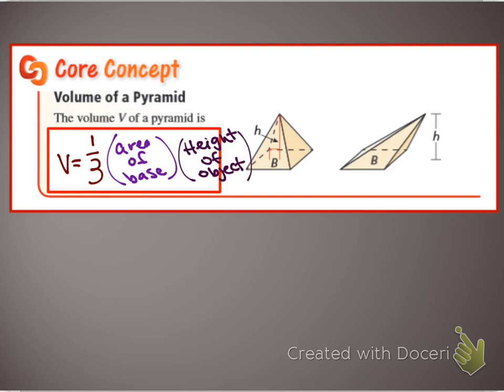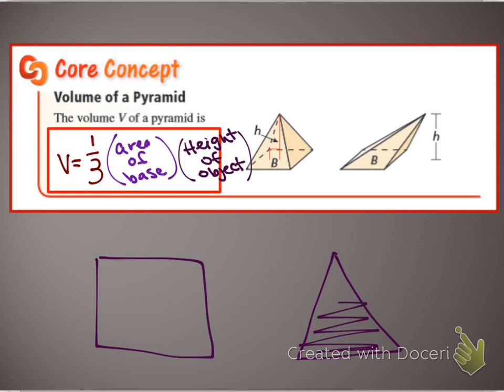So literally in this video it takes a cube and then it takes a square pyramid, and it fills up the square pyramid and dumps it into the cube so that you can physically see that a rectangular prism is 3 times a pyramid, and a pyramid is 1/3 of a prism.